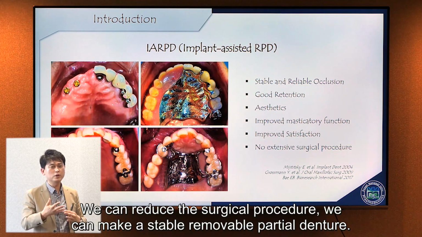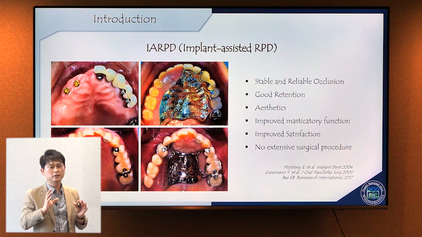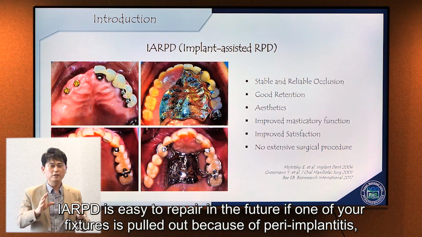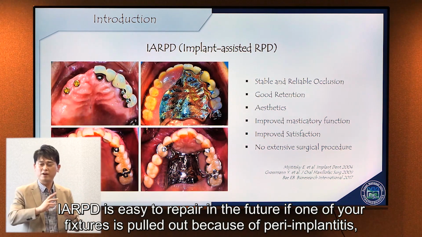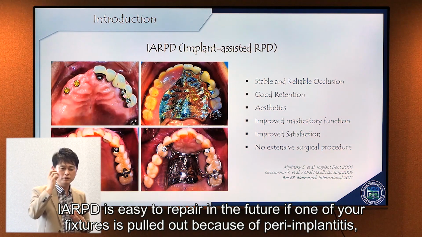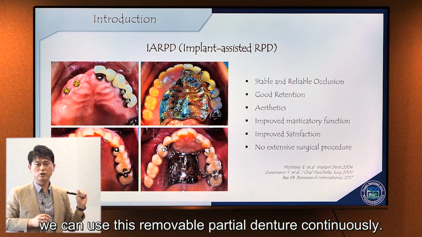We can reduce the surgical procedure, but we can make a stable removable partial denture. And IARPD is helpful for repair in the future. If one of your fixtures is lost because of peri-implantitis, we can continue to use this removable partial denture.